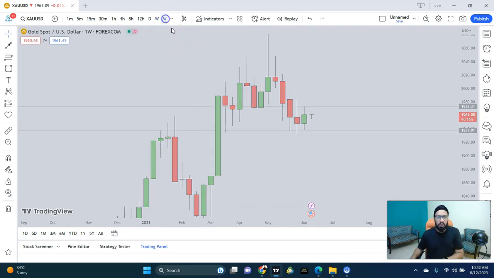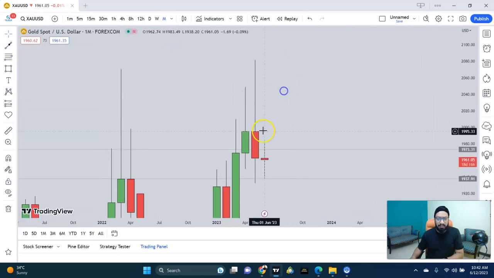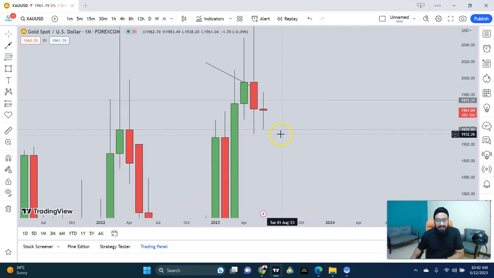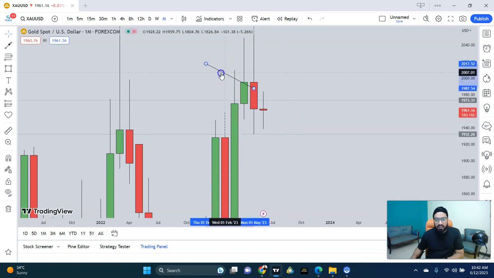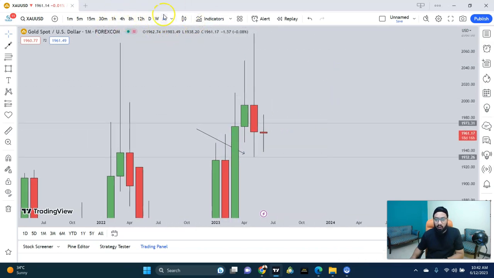Let's go to the monthly chart. Here we can see that the last month printed on gold was bearish. All right, and this is the key point of the monthly chart. If this particular low is taken off, then automatically we have to analyze our weekly chart, that okay, the weekly is showing a bullish sign, but on the monthly level, this is how price is moving.